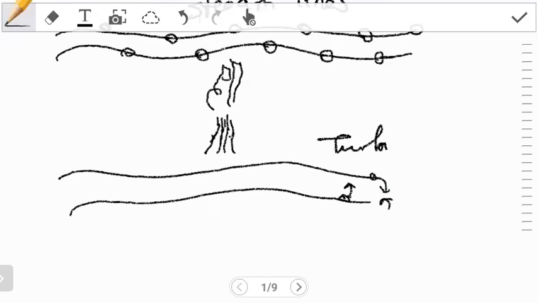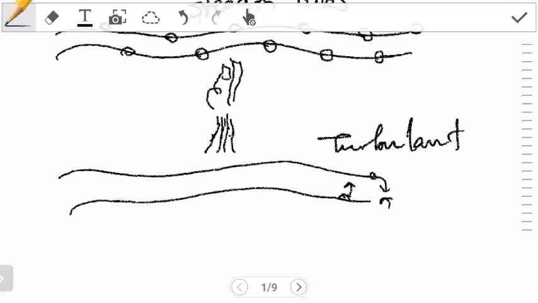Now, mostly when people talk about what causes turbulence, they lean towards velocity. You hear people say that when the velocity becomes high, when it exceeds what is called a critical velocity, the flow becomes turbulent. But in general, turbulence is not determined only by the velocity.